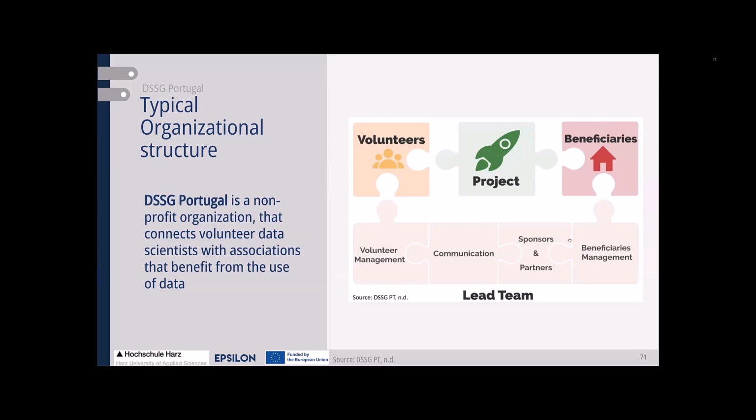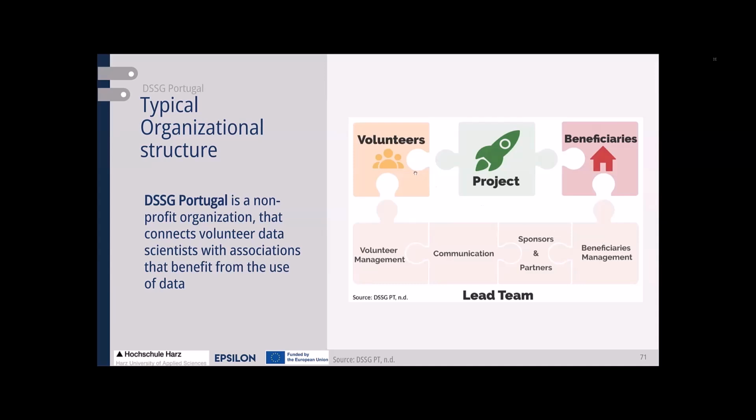Once the beneficiary is identified, volunteers get in touch with the beneficiary via this project. So volunteer data scientists work on the project and are therefore in touch with the beneficiary. However, the beneficiary normally is in touch with the organization itself, with the so-called lead team. This is basically a best practice organization.